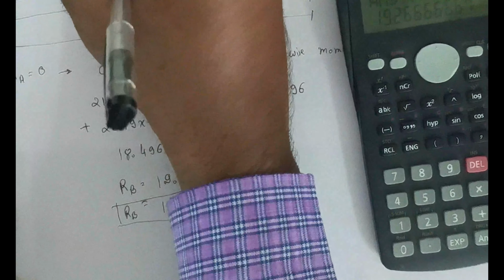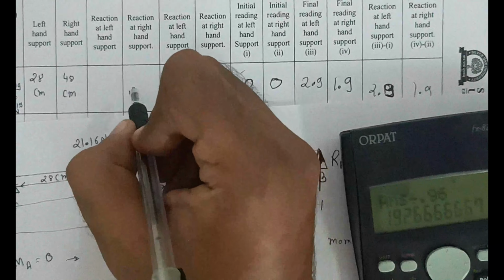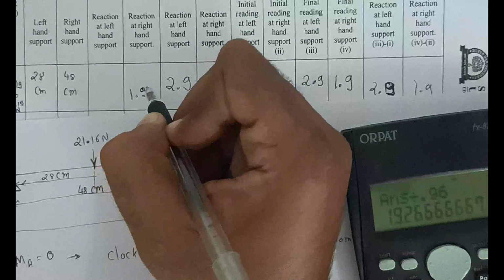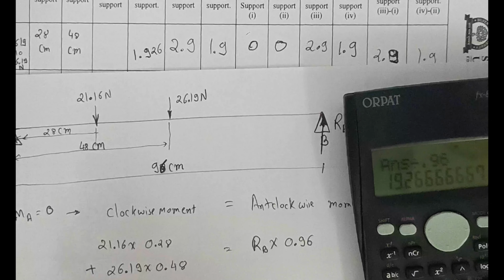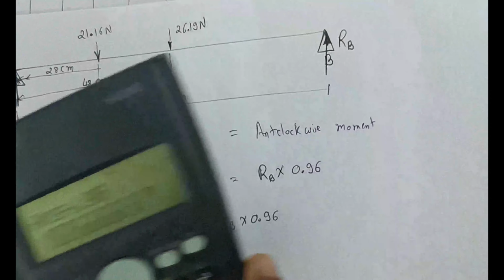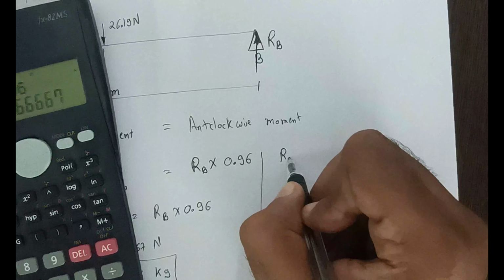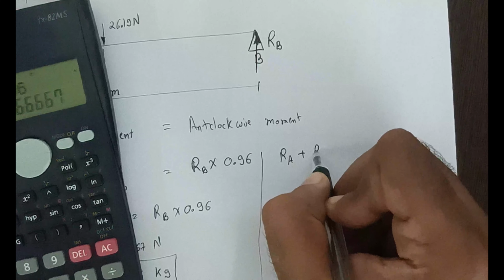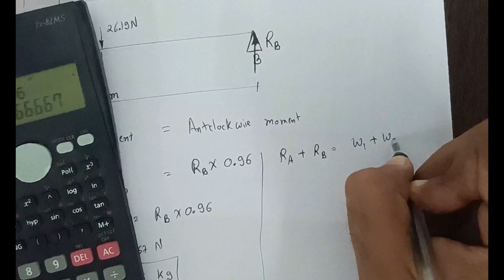So in this portion we will write 1.926, which is the analytical solution. Now we know that the sum of the vertical forces equals 0, hence RA plus RB equals W1 plus W2.